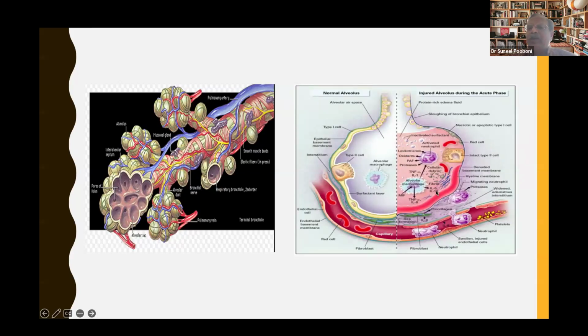So the gas exchange between capillaries and the alveolar surface becomes very difficult under these circumstances. Now it should be easy for you to understand why it takes so long for a diseased alveolus to get back to normalcy during the process of repair.